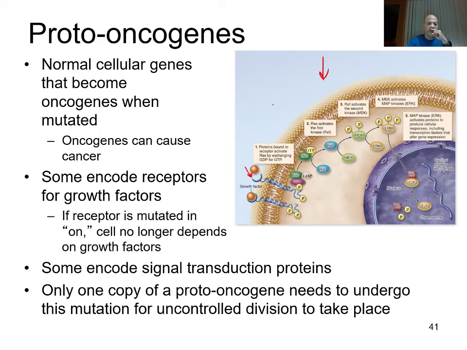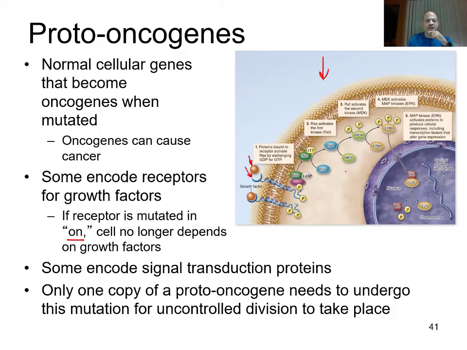Okay, so that's why they refer to it as a mutation that causes them to be permanently on. So let's say we mutate these receptors where you no longer need the signal from the outside. The RTK receptor is permanently on, so it's constantly causing this cascade of phosphorylations to occur.